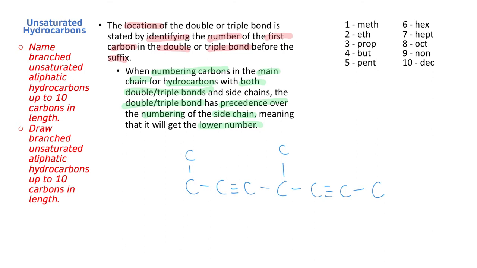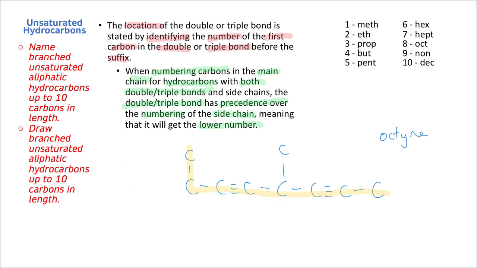What's the length of the main chain? The main chain is not this, it's this. You can't actually have side chains on the last carbon, because then they just end up being part of the main chain. So how long is this? 1, 2, 3, 4, 5, 6, 7, 8. So this is an octane chain.